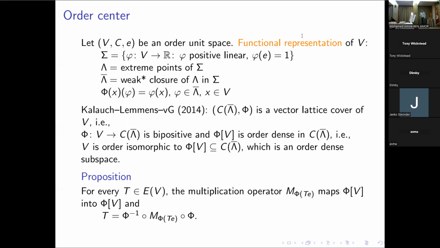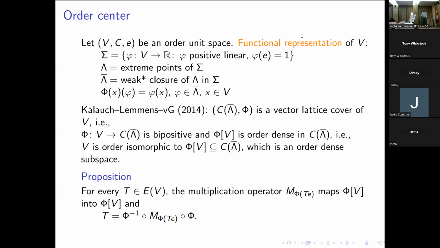And this is what Kadison did in his 1951 paper, showing also that the embedding is bipositive. But what we know extra is that it is a vector lattice cover. So the original space becomes order dense. And that makes it possible to apply all our machinery of pre-Riesz spaces. So this is bipositive, and the image is order dense.